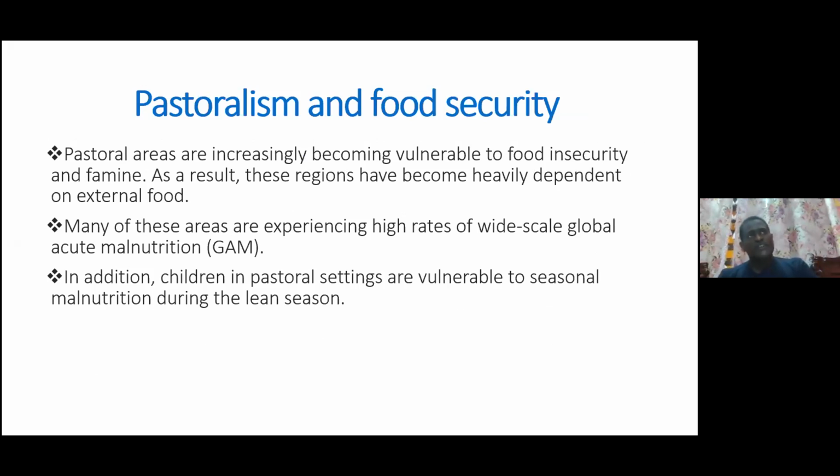Pastoralists and food security have a big relation, because pastoral areas are increasingly vulnerable to food insecurity and famine. Why? These regions have become heavily dependent on external food. Many of these areas are experiencing high rates of wide-scale global acute malnutrition, spreading among children under 5 years and also among the elders.